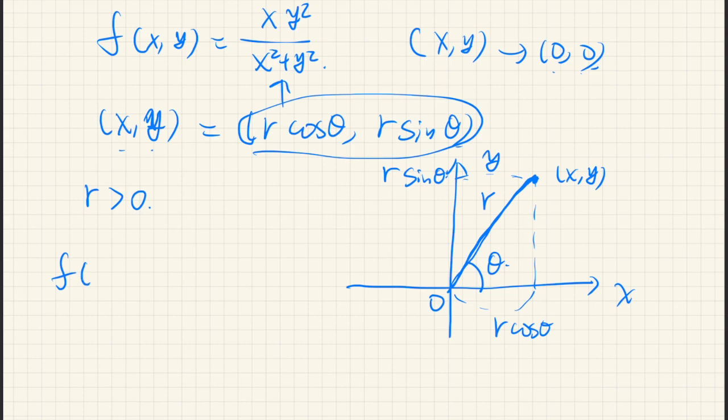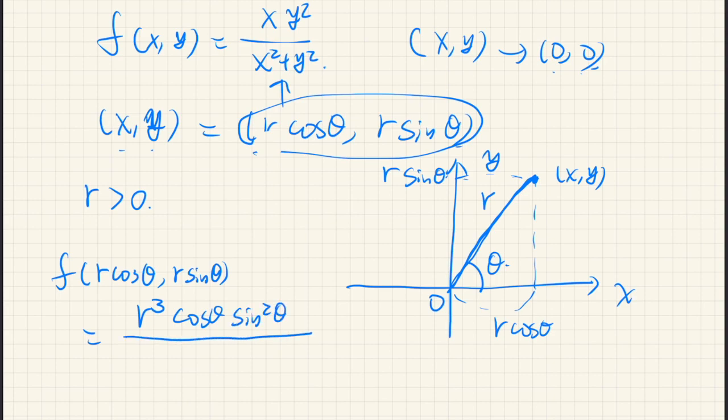Okay, so let's substitute this in here. So we have f of r cosine theta, r sine theta equals, x y squared, so that is r cubed, cos theta sine squared theta. And x squared plus y squared is just r squared, right?